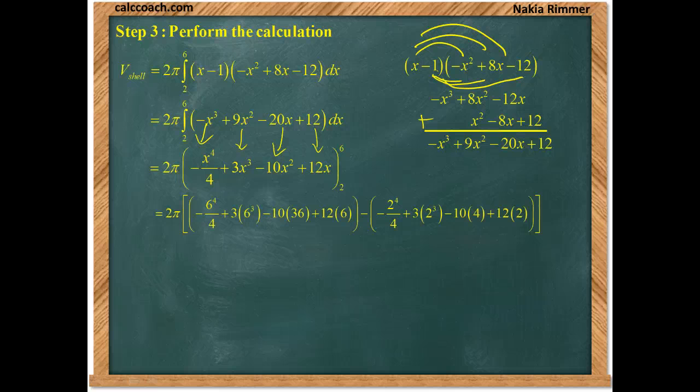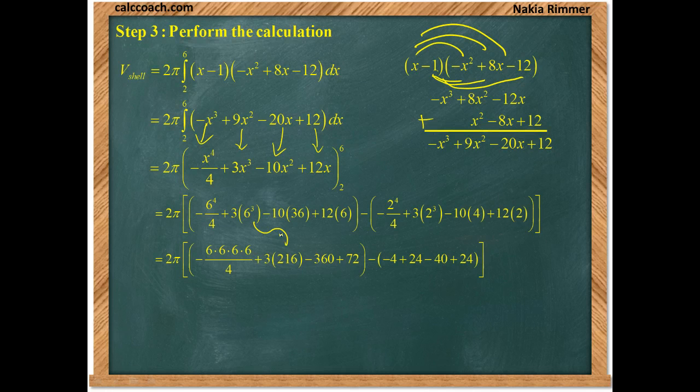I think you should write it as just 4 copies of 6 and multiply it out. 6 cubed, go ahead and do that. That's 36 times 6, so that's 216. 6 squared is 36, so go ahead and do that one. Call that 360. And 12 times 6, go ahead and call that 72.